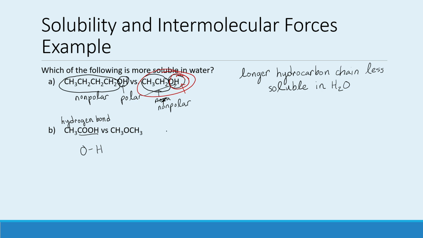If we draw the Lewis structure out for this, you've got the carbons have 3 hydrogens attached to each of them. And then in between those carbons, you have that oxygen. Okay, so you do not have a hydrogen directly bonded to that oxygen, and so for this second compound, there's no hydrogen bonding.